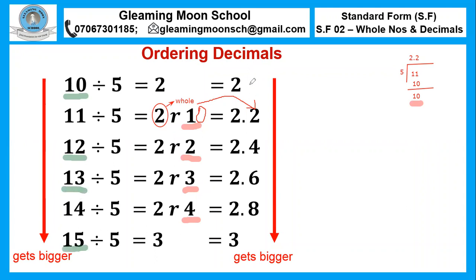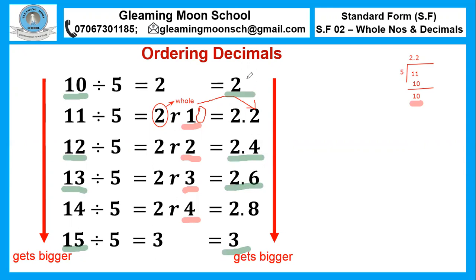So in the same way, looking at these resulting decimals here, you can see for sharing 10 sweets, we have a result of 2. And for sharing 12 sweets, we have a result of 2.4. And you will find that 2.4 is greater than 2. And in the same way, 2.6 for 13 sweets is less than 3.